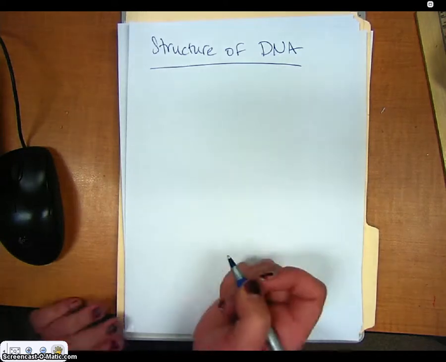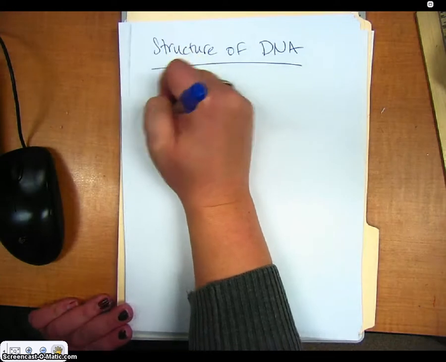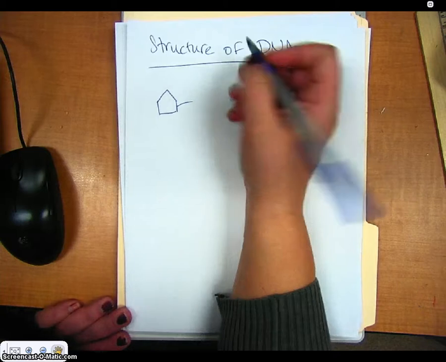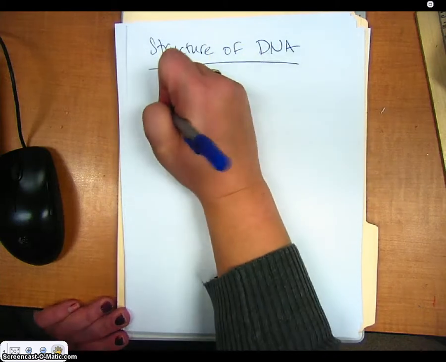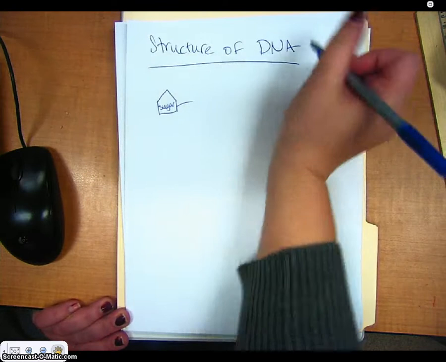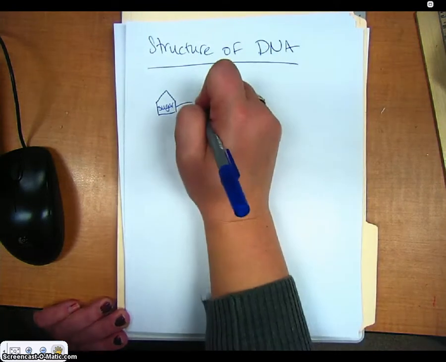So I'm just going to start by drawing one side of the DNA and showing the parts. There are three parts of each nucleotide. There is a sugar, and in this case it's a pentose, or a five-sided sugar, and it's deoxyribose sugar, and that's where the DNA part comes from.